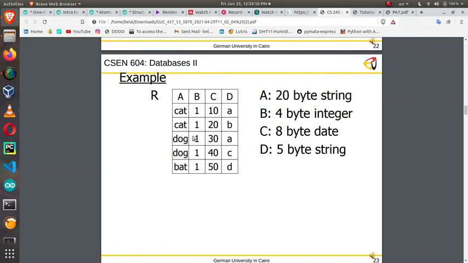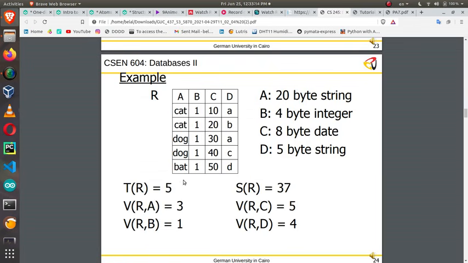So here we have a table, and here are the statistics for this table. The number of tuples in table R is 5. The number of distinct values in column A is 3: cat, dog, bat. And in column B we have one distinct value, which is 1.